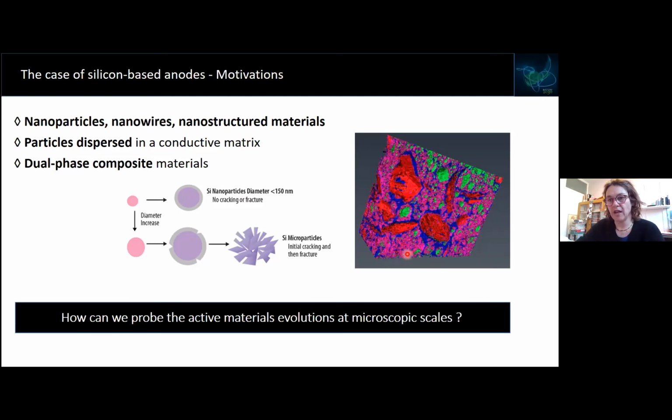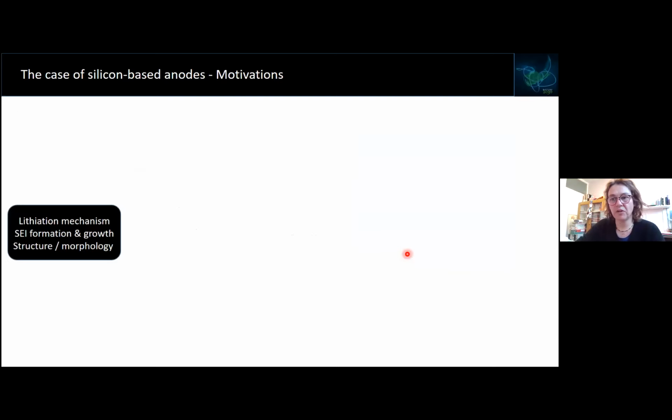So the question we have as people doing characterization is, can we probe the active materials evolutions at microscopic scales during battery cycling? So basically, we're interested in understanding the lithiation mechanism, the formation and growth of the solid electrolyte interface, and the structure and morphology of the anodes.